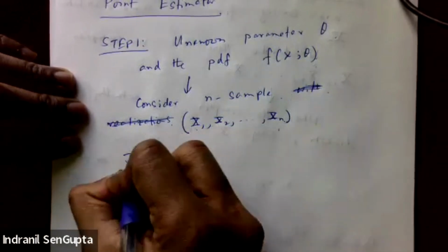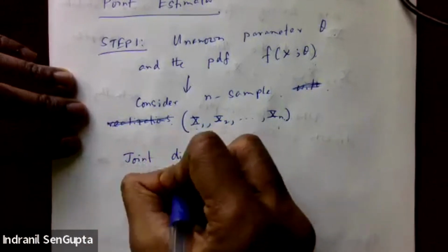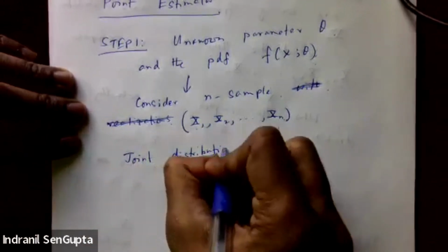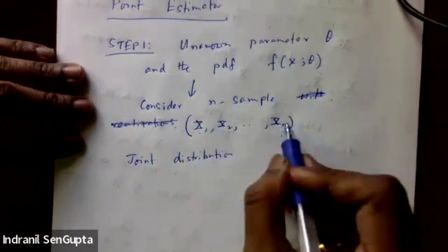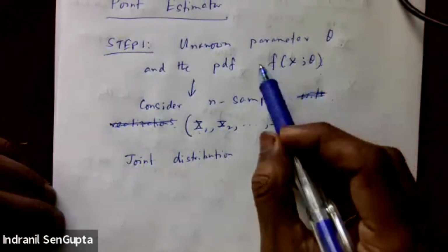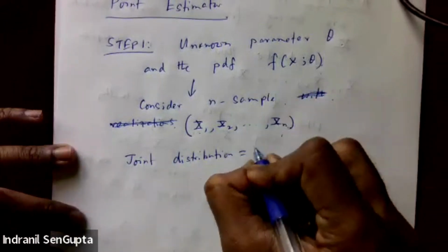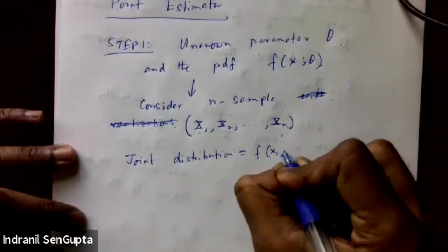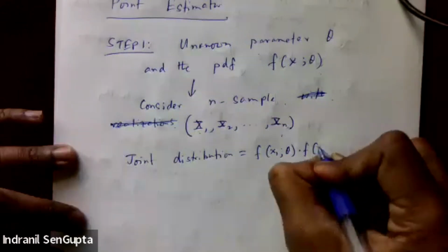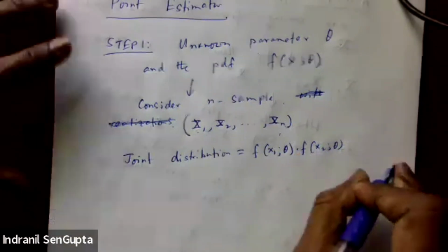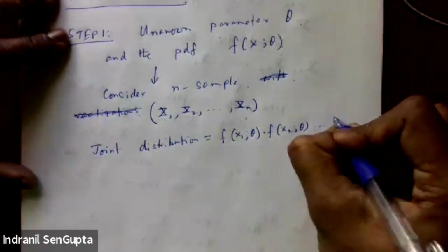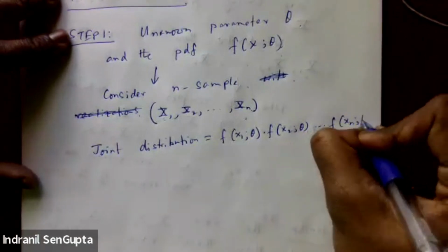So what is the joint distribution? Remember from the previous course that if they're independent, we can simply multiply the individual densities to construct a joint density. So the joint distribution would be f of, say, x1 theta, f of x2 theta, f of xn theta.